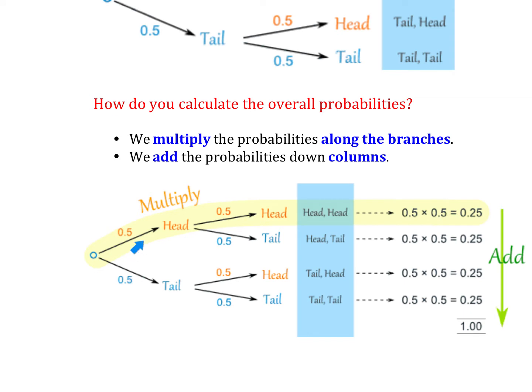Once we have our tree diagram created, we multiply along the branches to get our probability. As you add straight down to the very end, those products should add up to be 1, meaning 100% of the time, one of these outcome combinations would happen.